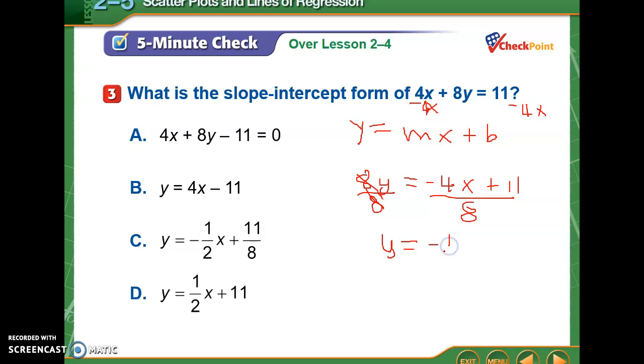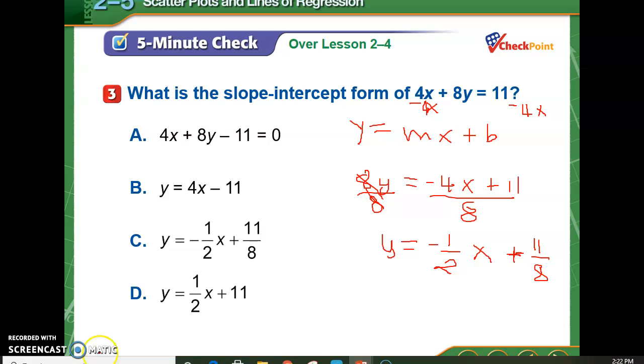So this becomes 1 over 2, because 8 divided by 4, x plus 11 over 8. Can you still simplify this? Alright, no more. So negative 1/2 x plus 11 over 8. Alright, very good. Good job.